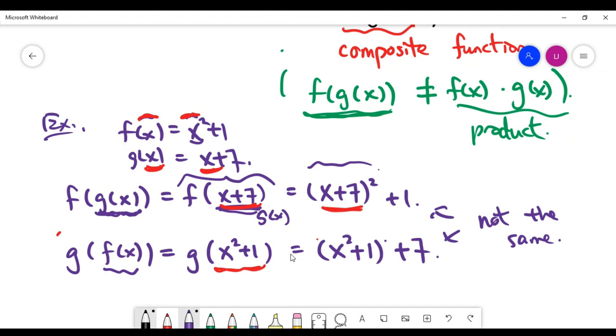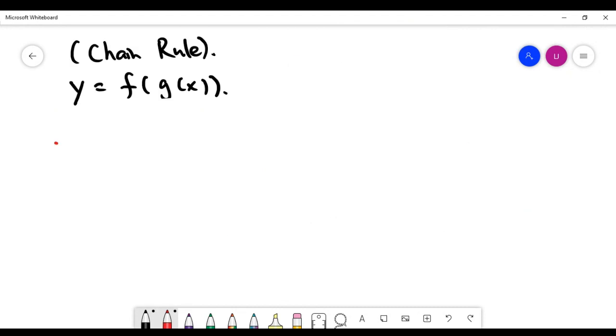In this video, we'll try to find the derivative of a complicated function if we can view it as a composite function. So let me explain the chain rule a little bit here. Let's say you have a rather complicated function, which can be viewed as a composite function f of g of x.